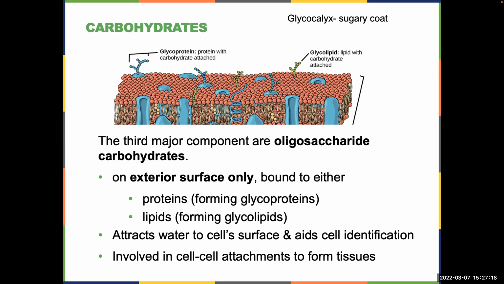The carbohydrates can also be a form of identification, and they can also help cells to attach to one another to form tissues. So lots of really important functions. So they create the extracellular environment, or matrix.